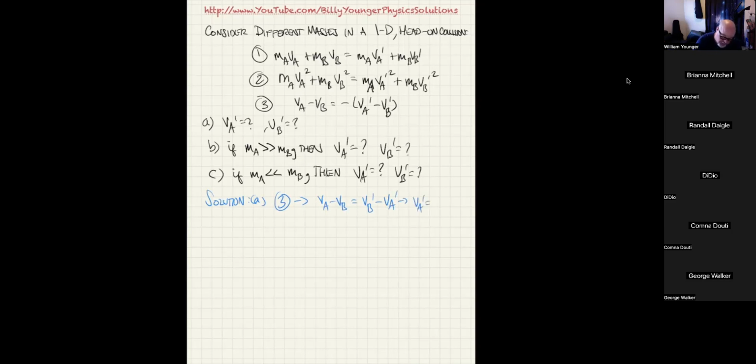Of course, that's going to give me VA prime is equal to, if I pull it over to the other side, VB prime plus VB minus VA. I'm going to call this equation 4, and I'm going to plug 4 into 1.